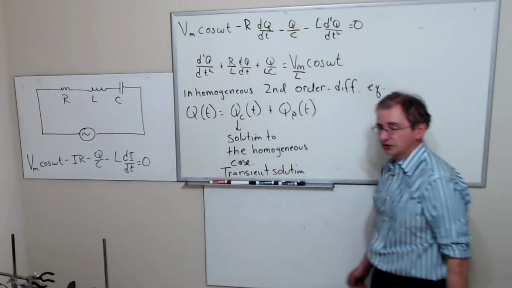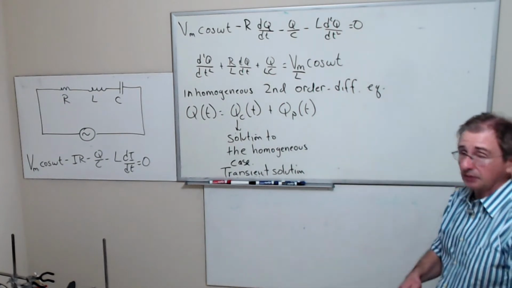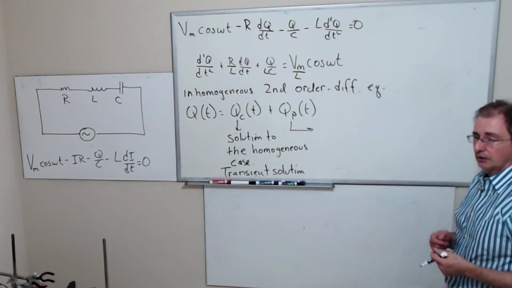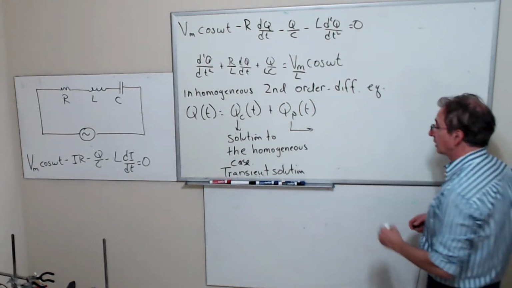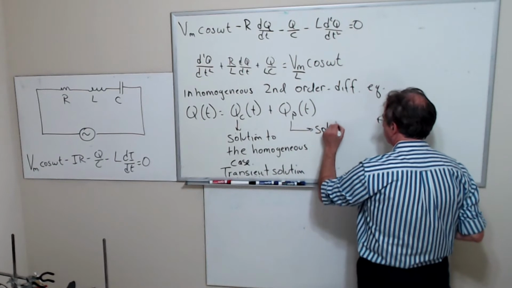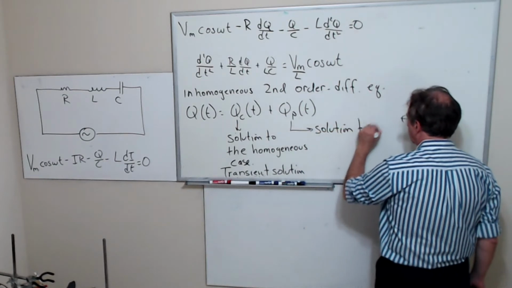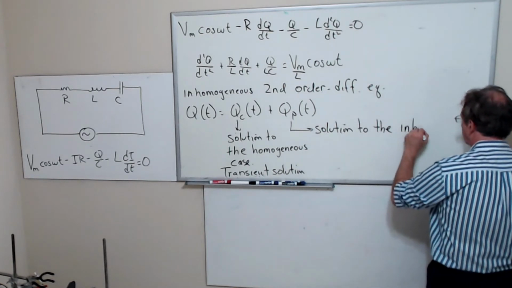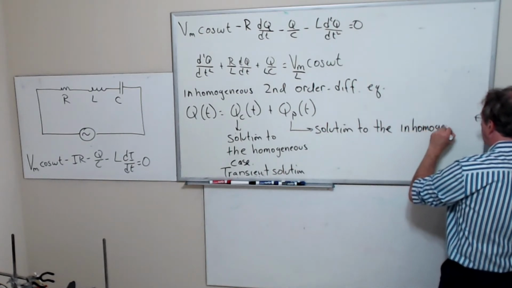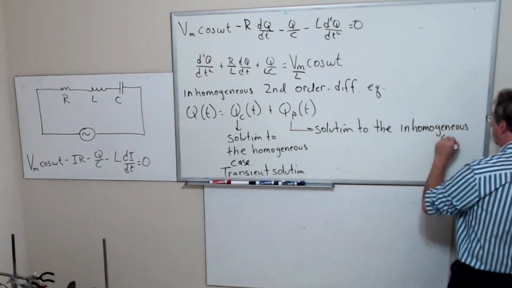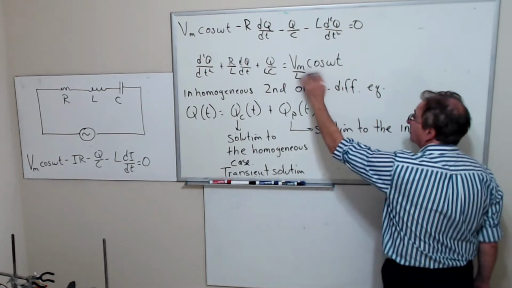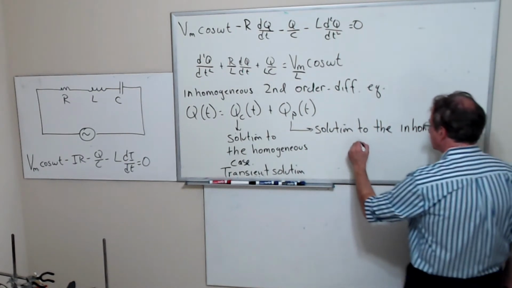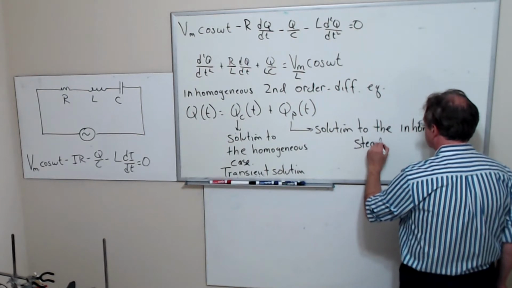We talked about the transient solution to the RLC circuit. That's the term. And then this term over here, this is called the particular solution. It is the solution to the inhomogeneous case, which means that this term is not 0. And this represents the steady state case, or the steady state solution.